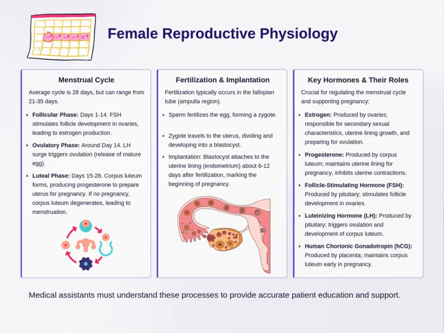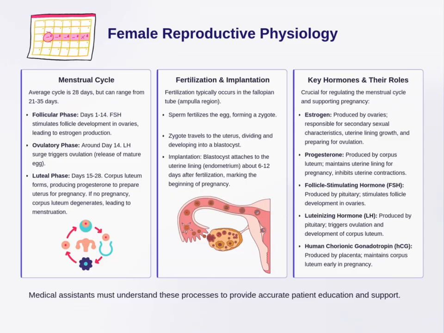So in that cycle, the first phase is the follicular phase, days 1 through 14, where the hormone follicle stimulating hormone, or FSH, stimulates follicle development in the ovaries, leading to estrogen production. So while that is happening in the ovaries, the follicle is forming thanks to FSH.